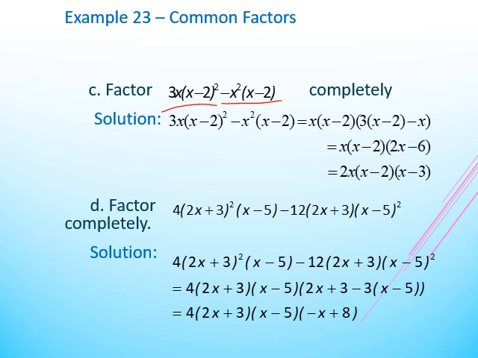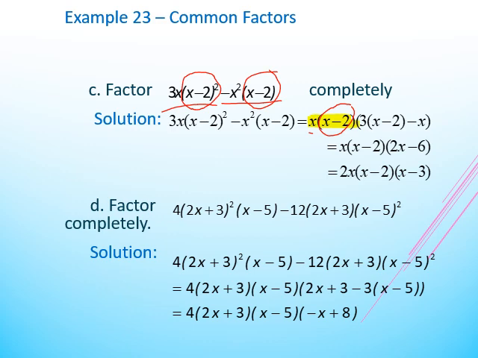For 3x and x squared, we will take the smallest one, which is x. For (x minus 2) squared and (x minus 2), we will take x minus 2. So our common factor is x times (x minus 2).